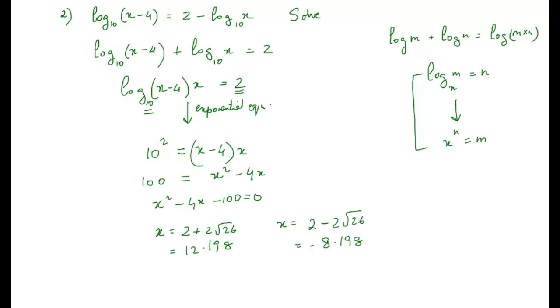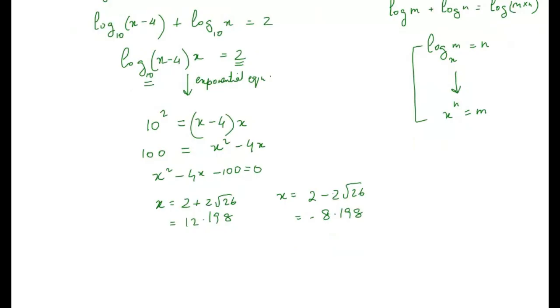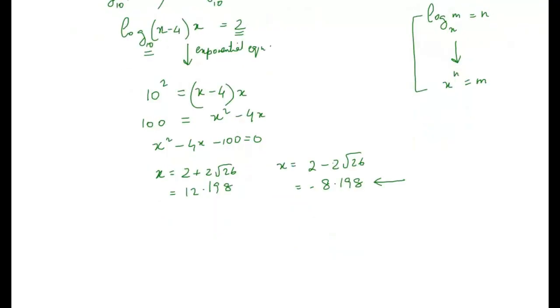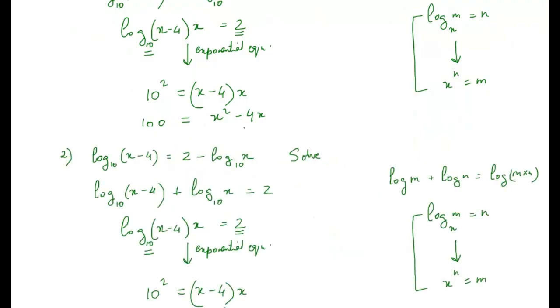Right. So what we need to do now is check if these x values work in the original equation. Now we have to keep in mind that you can't have log of a negative number. So if I use this value of x, which is negative 8.198, and I put it in here, I would end up with log of minus 8.198, which will give me a math error on my calculator.